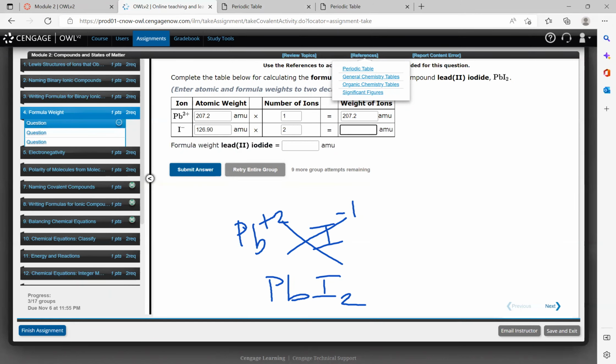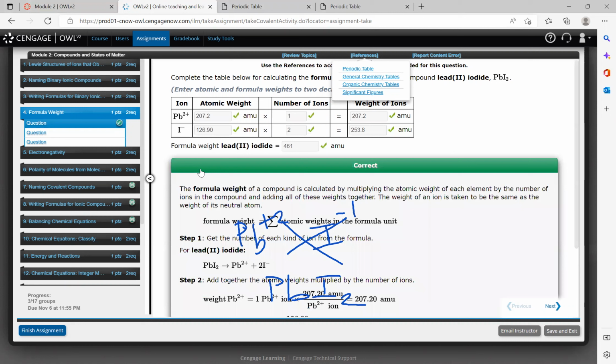So let me get out my calculator here. 126.9 times 2. This comes out to be 253.8. And now we have to actually add these numbers together. And we end up with 461 AMU total. Submit our answer, and we're good to go.